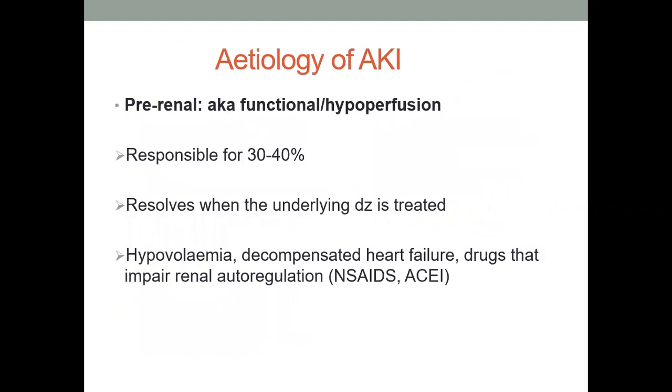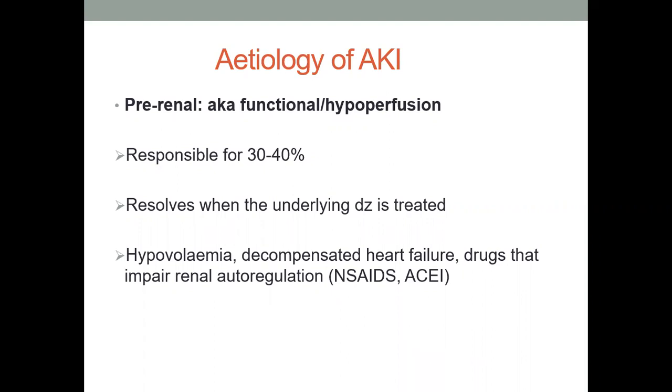All right, so etiology. We did say that it could be pre-renal, which is also known as functional AKI, which results from hypoperfusion. It is responsible for 30 to 40 percent of cases of AKI. The good thing is that it resolves when you treat the underlying disorder.